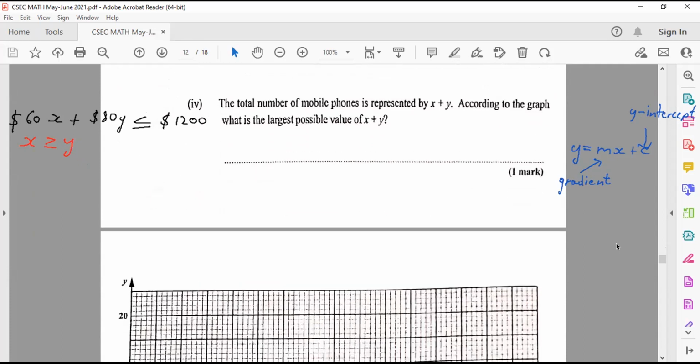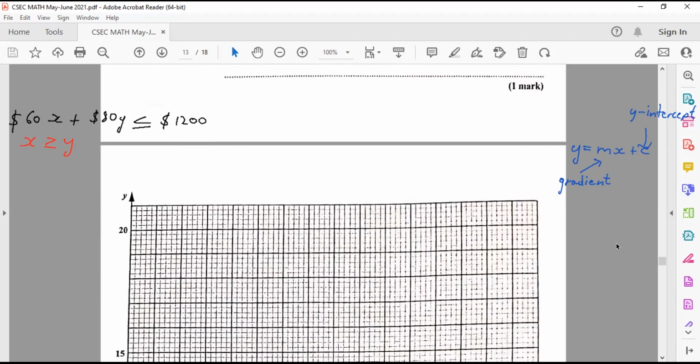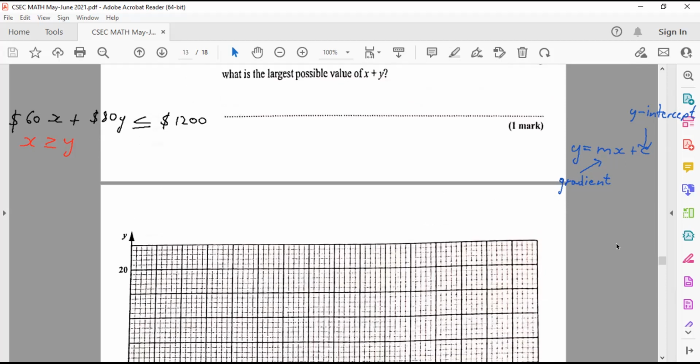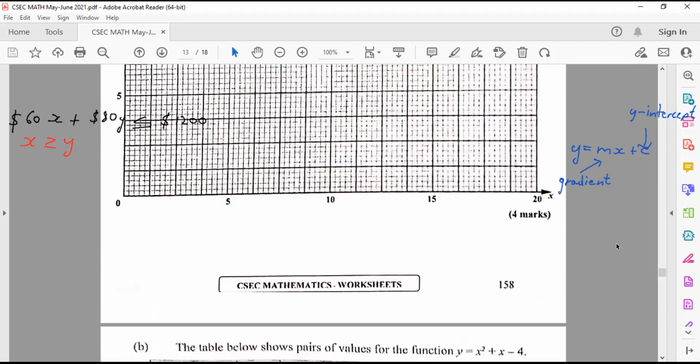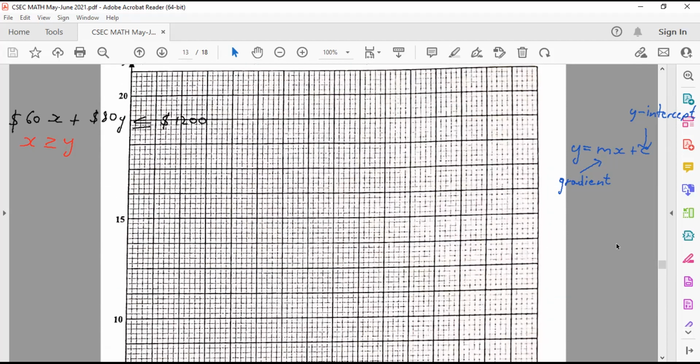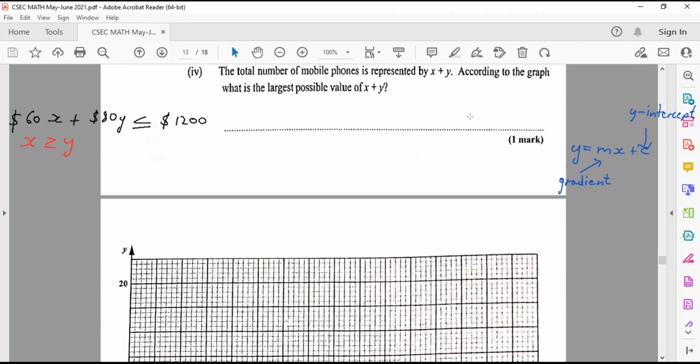It also says the total number of phones is represented by X plus Y. According to the graph, what is the largest possible value of X plus Y? So it doesn't ask us directly to convert to the gradient form, y equal to mx plus c, but we must convert to y equal to mx plus c.